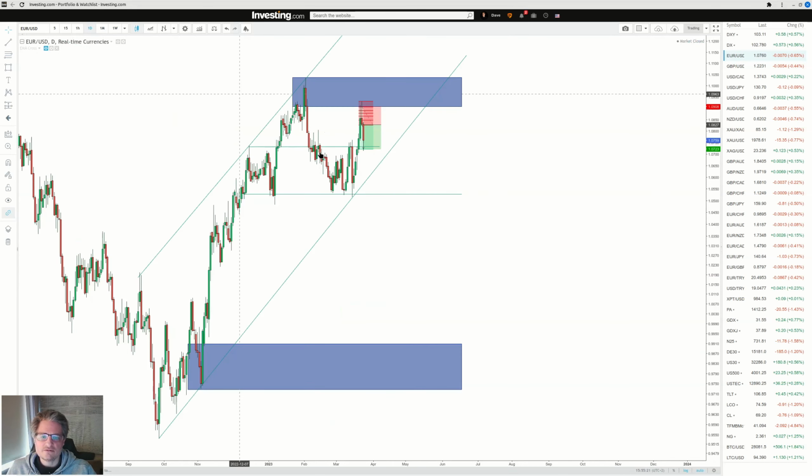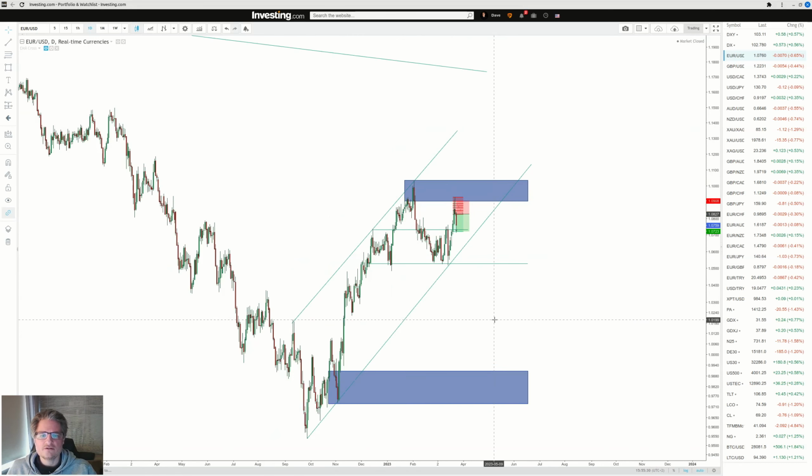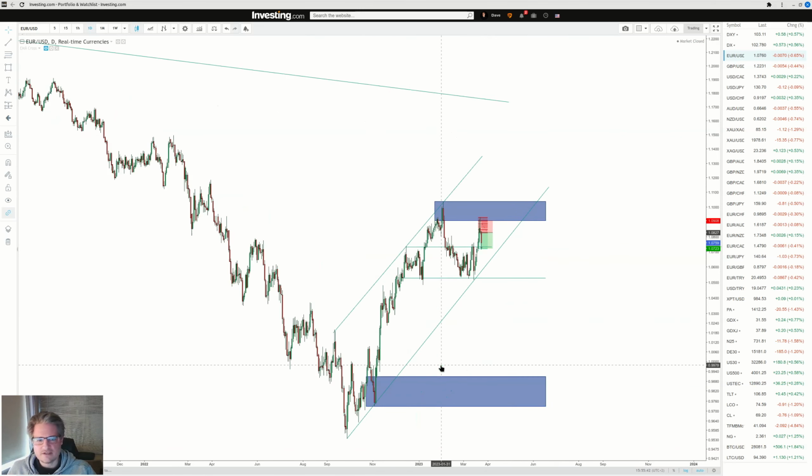Let's switch back to the daily. We had 1, 2, 3 touches here, and 1, 2, 3, 4 touches here at the bottom of the channel. Basically this tells me that we have this impulsive move to the downside, which is in line with the trend, and now we've been in this longer term corrective move to the upside.